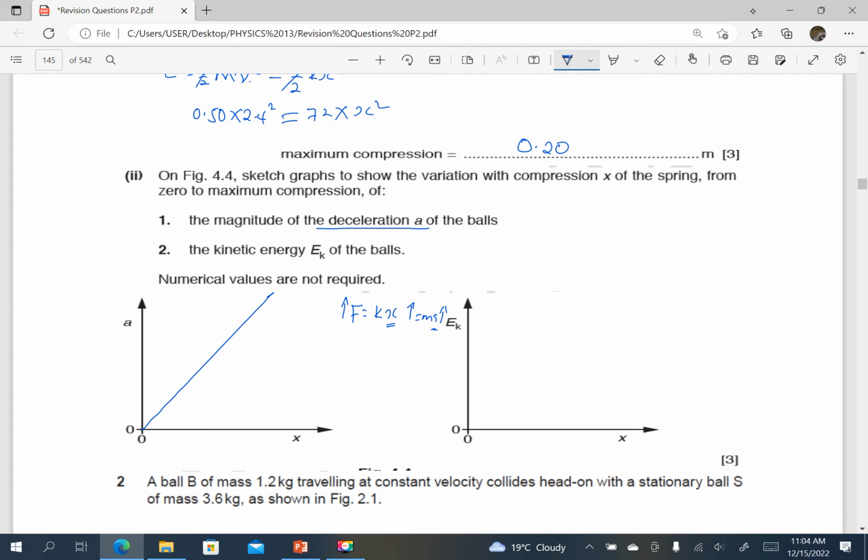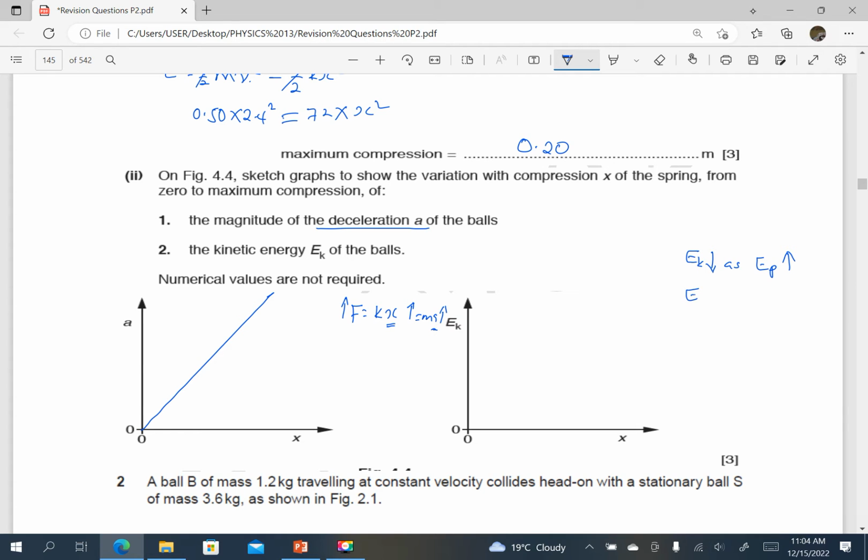Then the kinetic energy EK of the ball. Remember, the kinetic energy decreases as the elastic potential energy increases. EK decreases as the elastic potential energy increases when the compression increases.